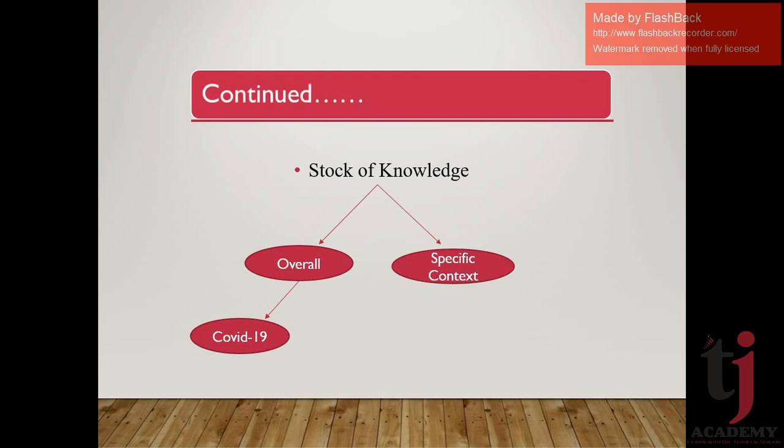And after finding coronavirus, we also found its treatment or vaccination. So this is called overall increase in stock of knowledge. But on the other side, stock of knowledge can increase in a particular context.